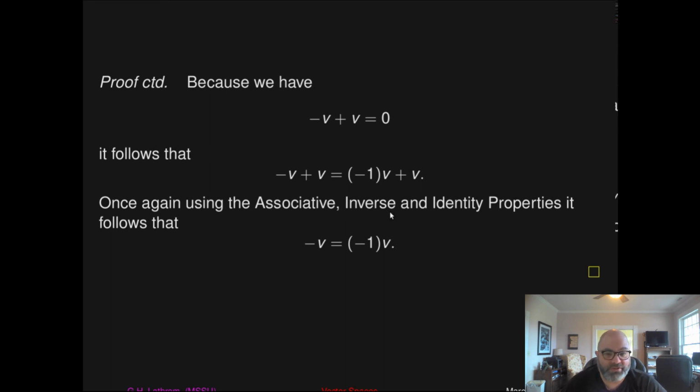Hitting it with the associative, inverse, and identity properties again, we can cancel out that v from both sides, and we get what we are aiming for: scalar multiplication behaves as we think it should. Multiplying a vector by -1 gives us the additive inverse of that vector.